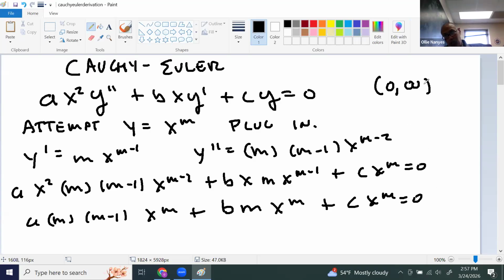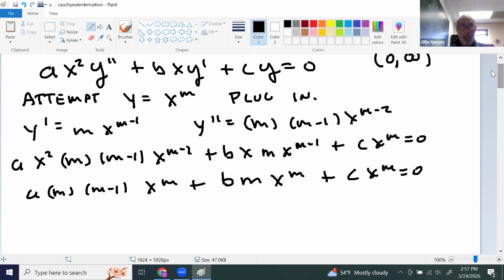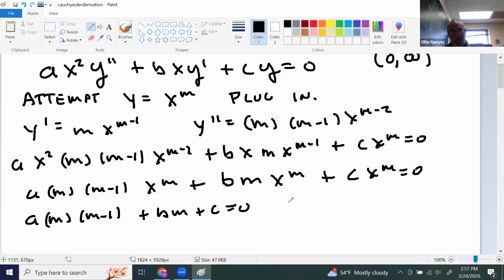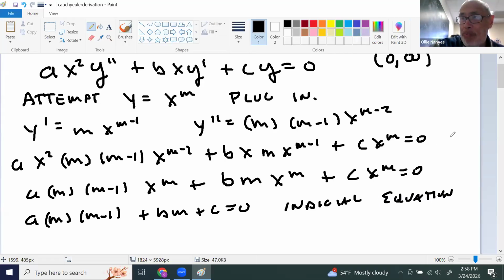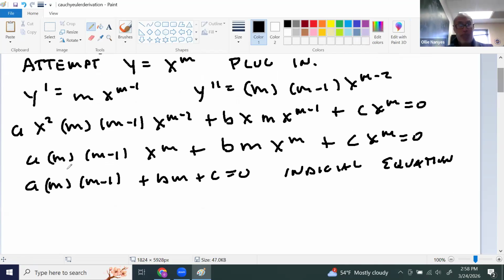But because we're in this interval, we're not allowing x to be 0, so we can safely divide every term by x to the m, and we get what's known as the indicial equation. If you've played around with Frobenius series solutions, it means roughly the same thing and is used for the same purpose.